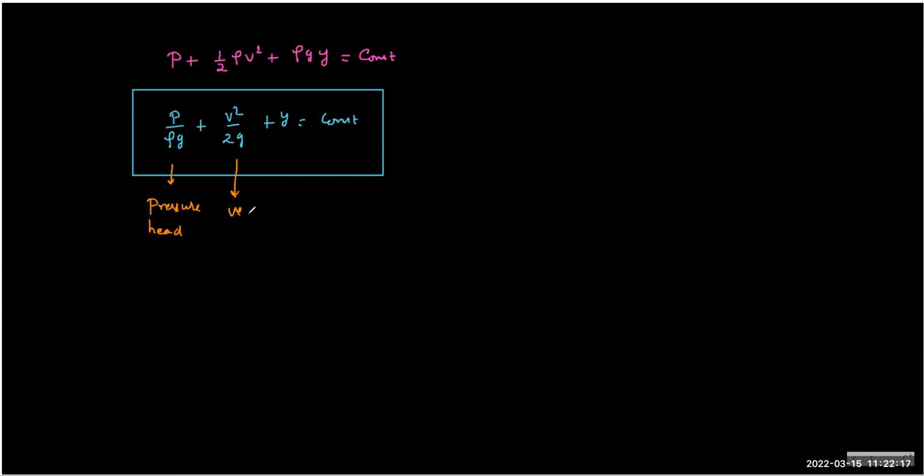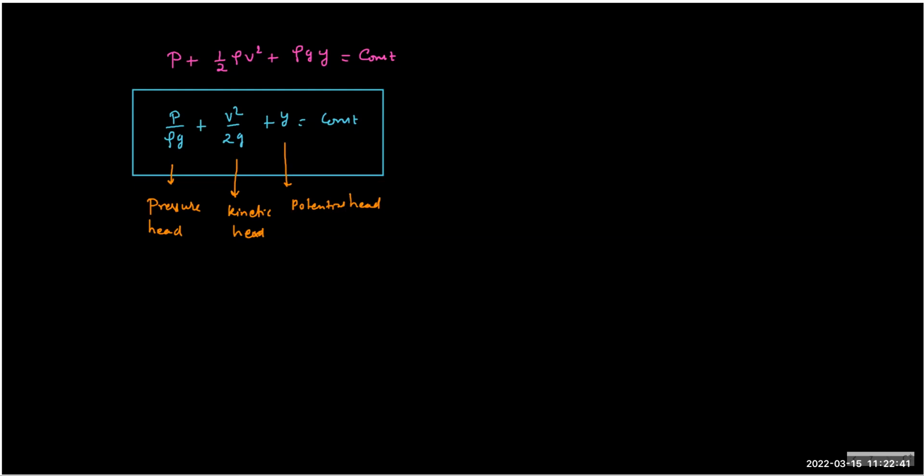This is called velocity head, kinetic head. This is called the potential head. So potential head is by virtue of the distance from the reference.